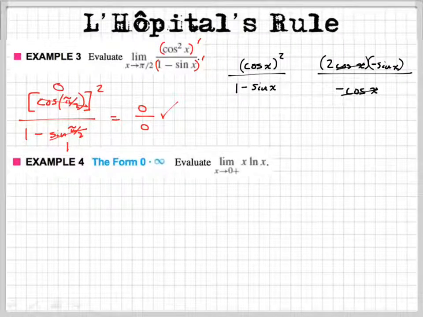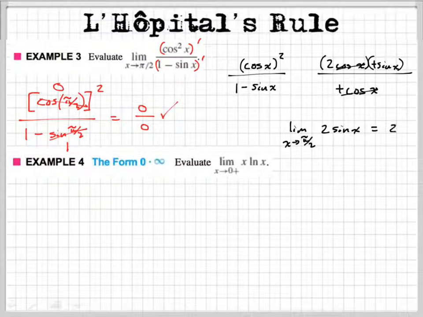But since they're multiplying, I can cancel out that cosine. I can actually also cancel out these negatives, the negative 1. And so what am I left with? I'm left with 2 sine x. What is the limit as x approaches pi over 2 for this? It equals 2. You just have to plug in pi over 2.